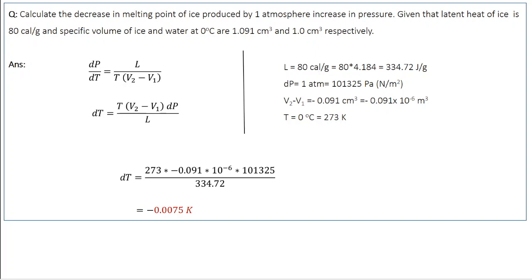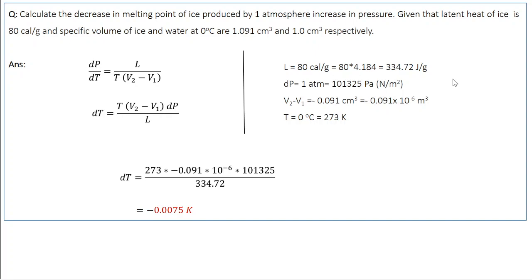And you need to write it in appropriate units, preferably in SI unit. The SI unit of heat is not calorie, this is joule. So you can convert calories into joule by multiplying it with a factor of 4.184. So you have 334.72 joule per gram.